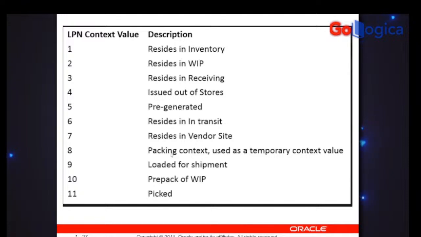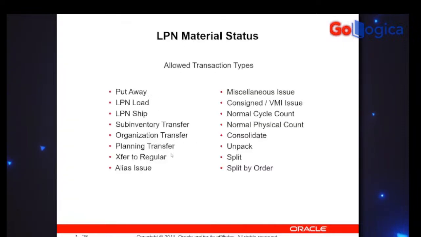I just wanted to give you this information because LPNs will have different contexts, and it is mandatory to know all these things. Next is the LPN's material status. There are some transaction types that can be allowed on the LPN.